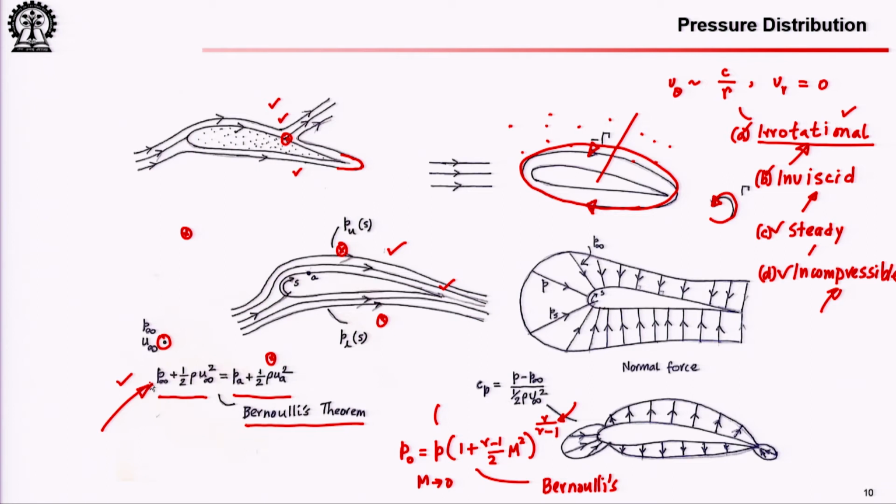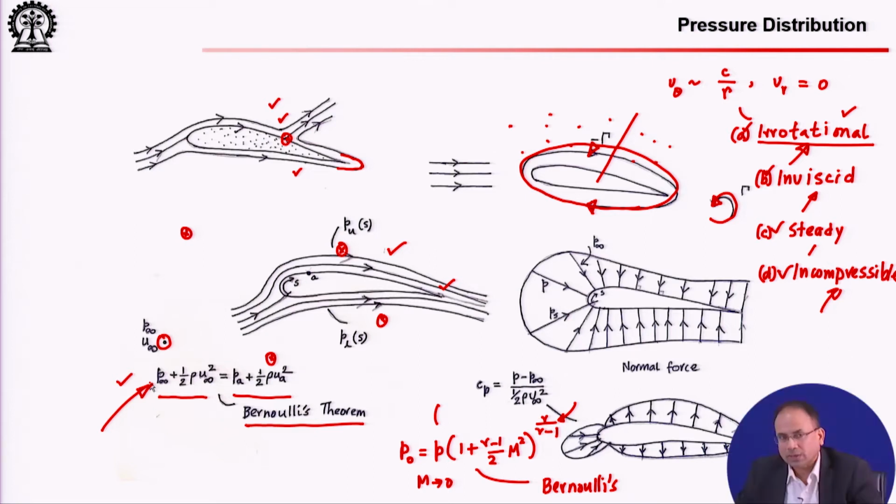Bernoulli's theorem is widely used, and you might even use it as a back of the envelope calculation before you go into your compressible formulation, etc. So, today we will talk about applying Bernoulli's theorem if the flow is actually rotational. Also, we will talk about what this rotational thing is.